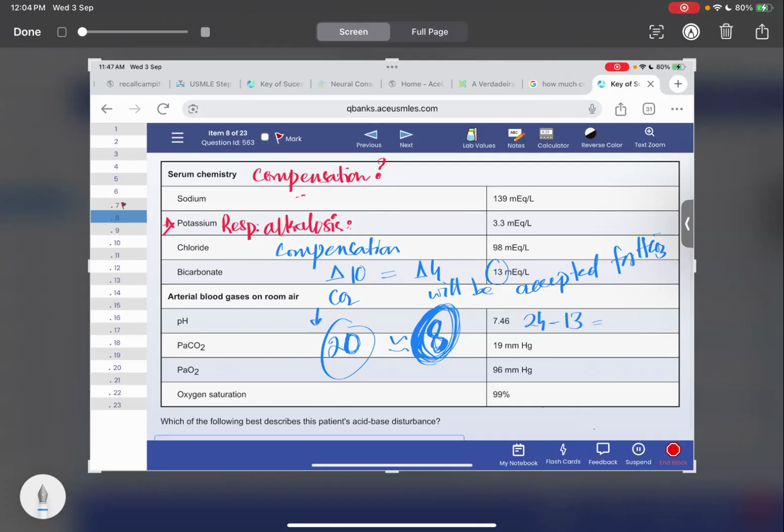So we are getting a difference of 11. It is abnormal, because it is more than 8. And bicarbonate is decreased, so we are saying it is acidosis. Which type of acidosis? Metabolic.